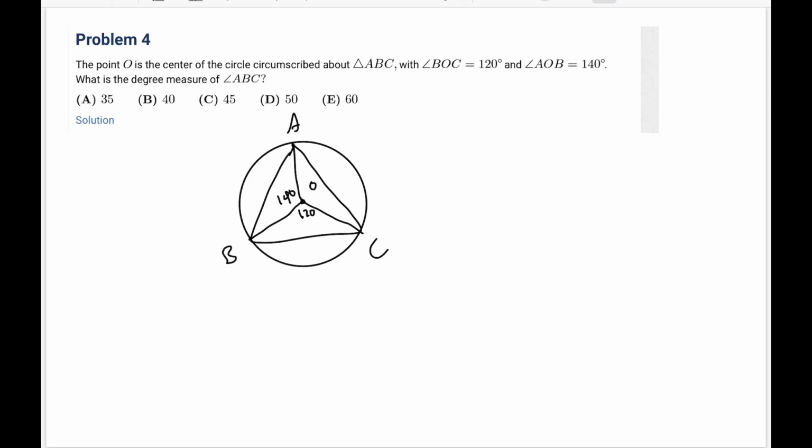So ABC, what we want is this one right here. To get this, we can see that this is 360 minus 140 minus 120, so that is 100. This angle is half of this angle, which means that this must be 50 degrees. So it's D.